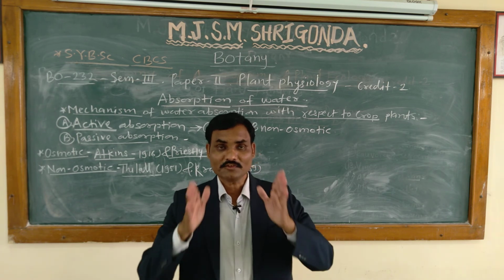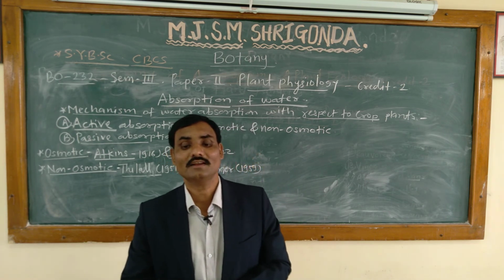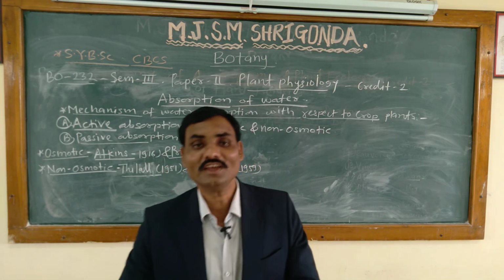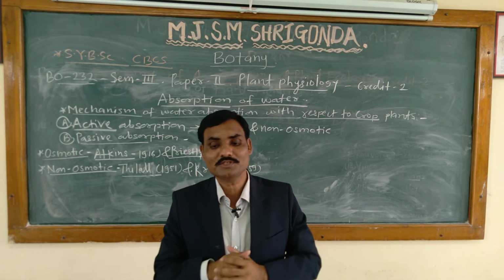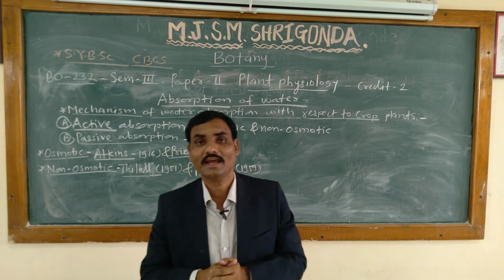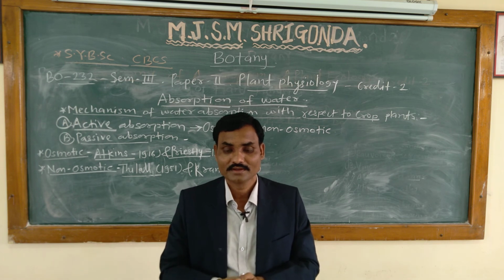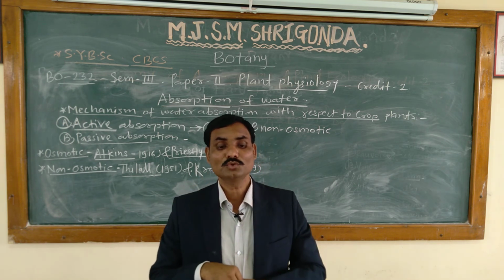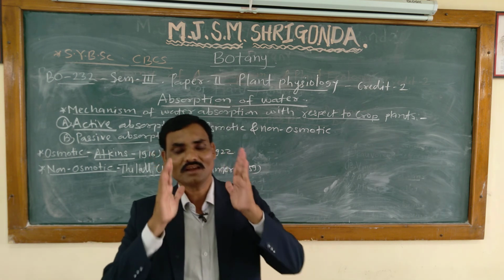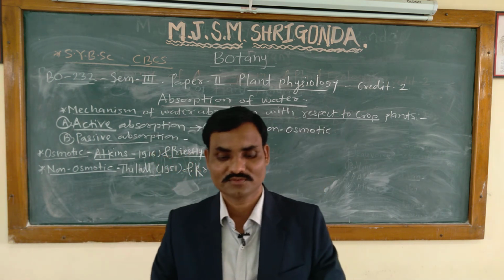Then what about passive water absorption? Water absorption takes place through the roots rather than by the roots as in active absorption. The forces governing water absorption originate in the transpiring shoot rather than the root itself. These forces develop due to leaf transpiration. Means in passive water absorption, transpiration has more importance.